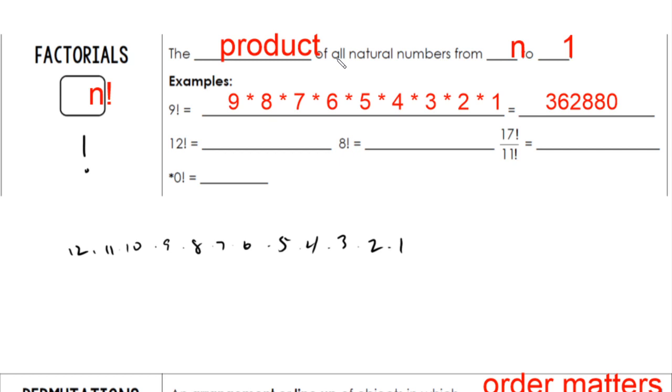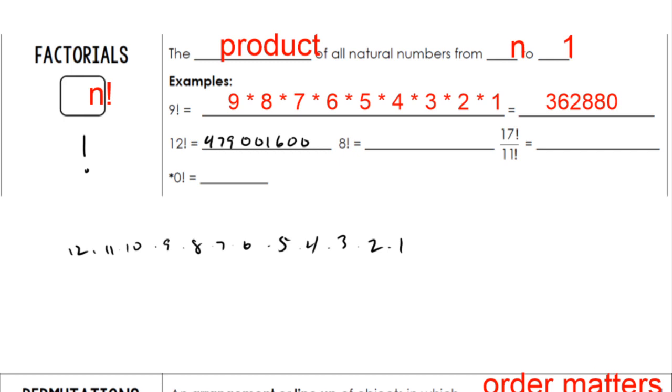There is a button if you have a TI-84. Actually, I think most calculators have it if you look for it. On a TI-84, if you press the math button and then go over to the prob tab at the top, you'll see an exclamation point. That is the factorial. So if you press the 12 first, and then go into the math and put in one of those exclamation points, it'll tell you it is a massive number, 479,001,600.